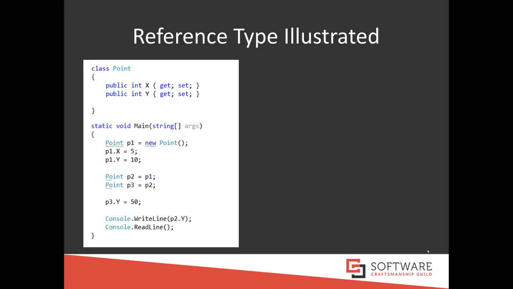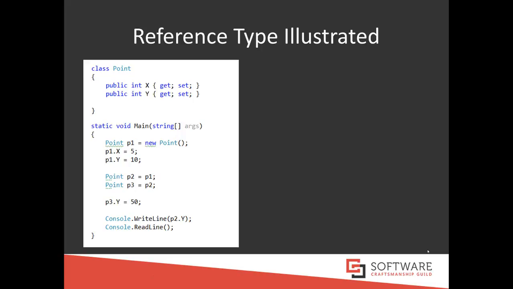Then I'm going to declare another point variable, P2, and I'm going to assign it to P1. Then I'm going to create a point P3 and assign it to P2. Then I'm going to set P3's y-coordinate to 50, and after that I'm going to print out P2's y-coordinate.